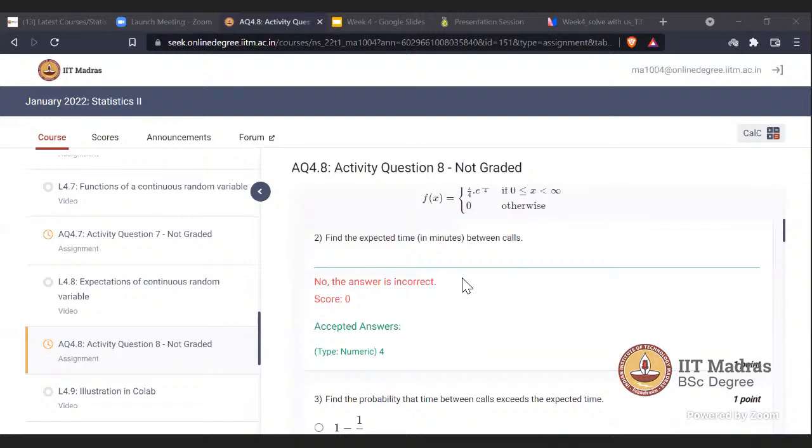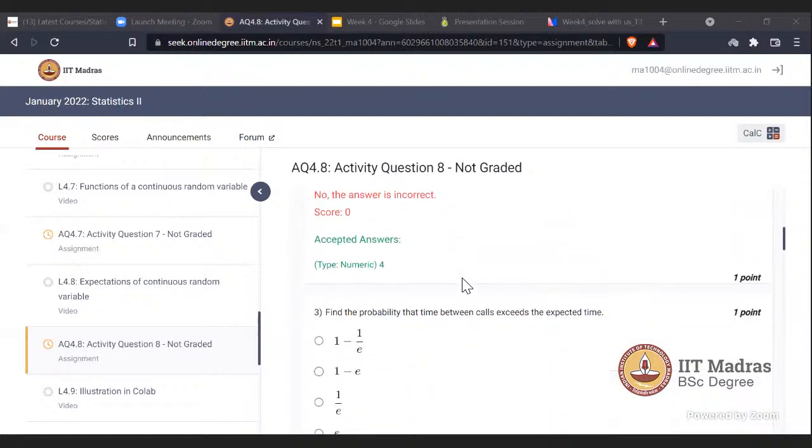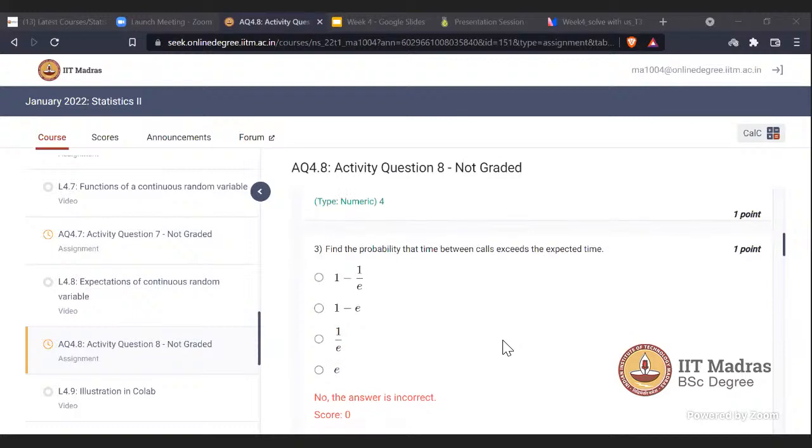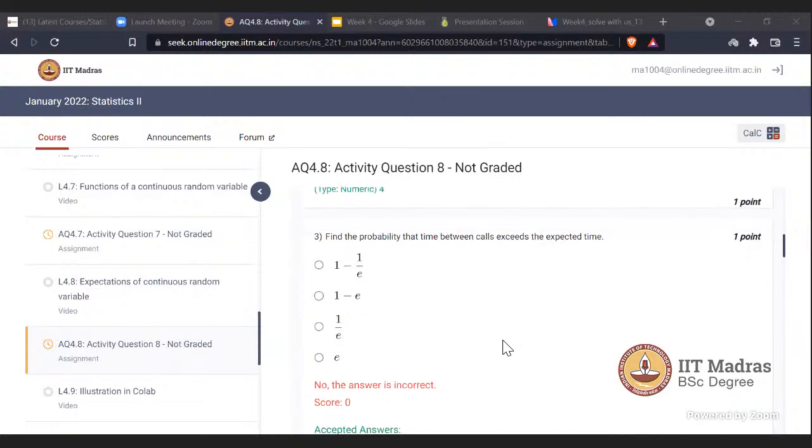In the third question, you have to find the probability that the time between calls exceeds the expected time. So x is greater than mu, basically. That is 1 minus the probability of x less than mu.